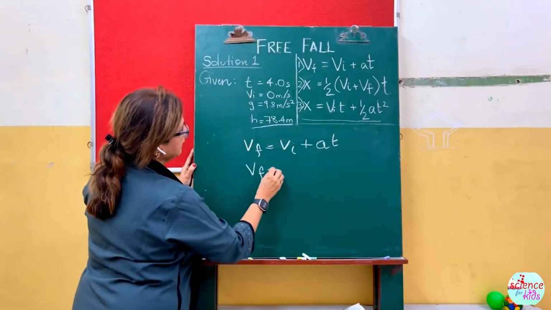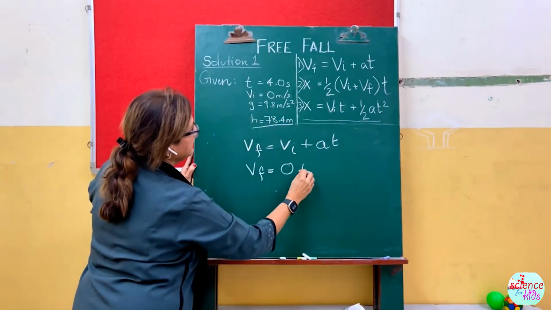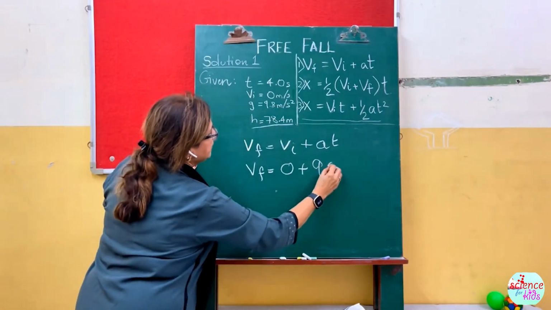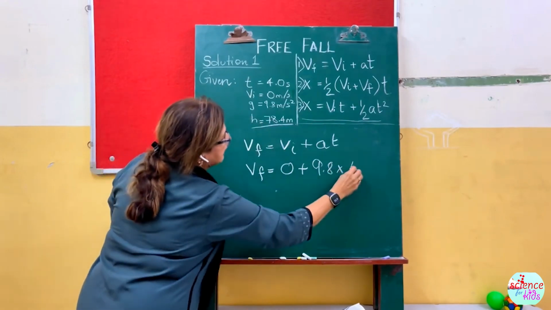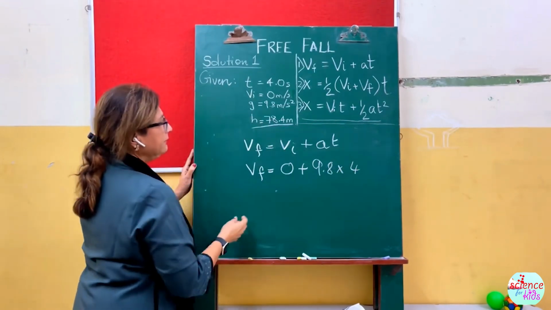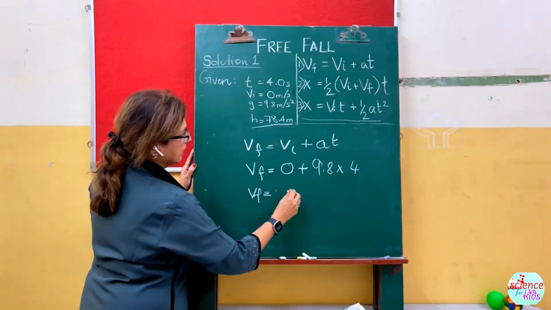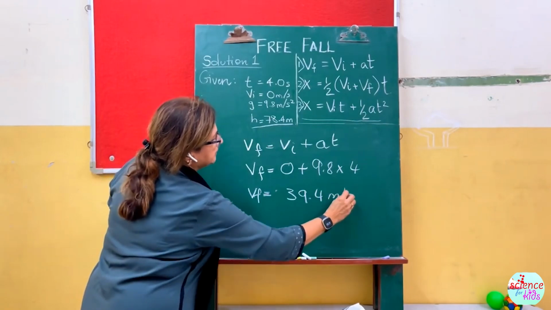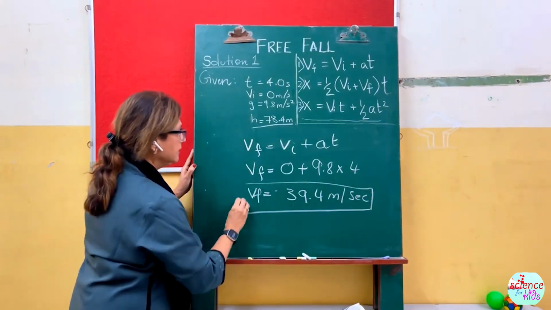V, the final velocity, will be initial velocity, of course 0, plus a value is given, 9.8, times t, which is 4 seconds. So if we calculate this, then Vf will be equal to 39.4 meter per second. So this is our final velocity.